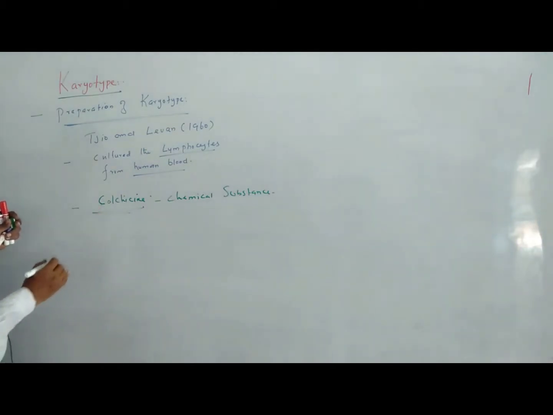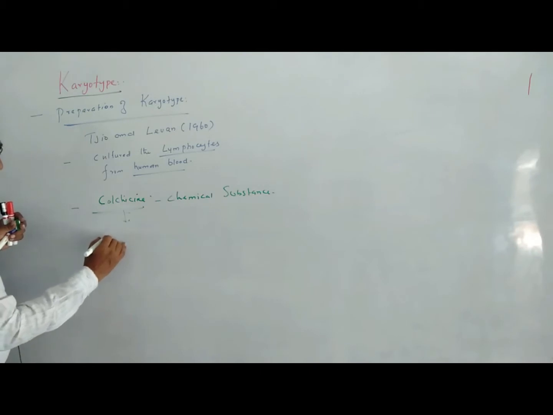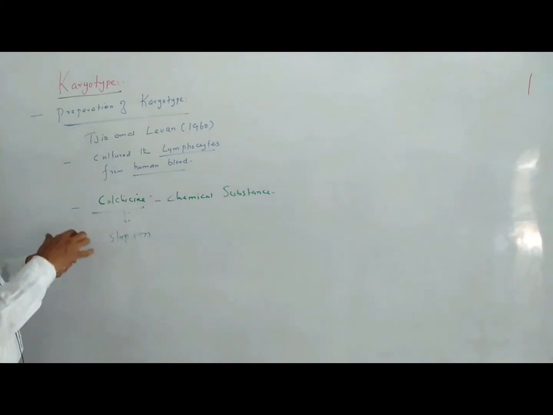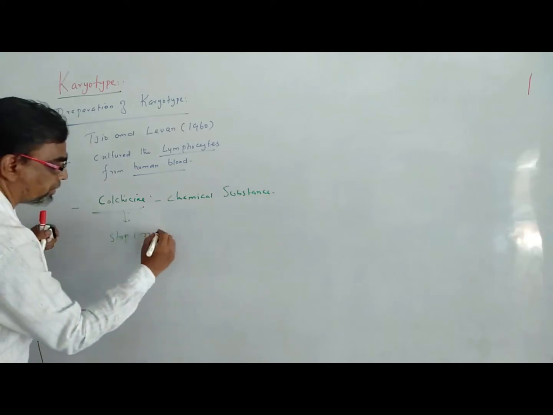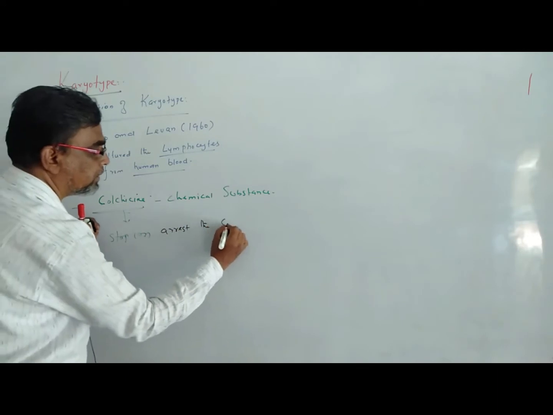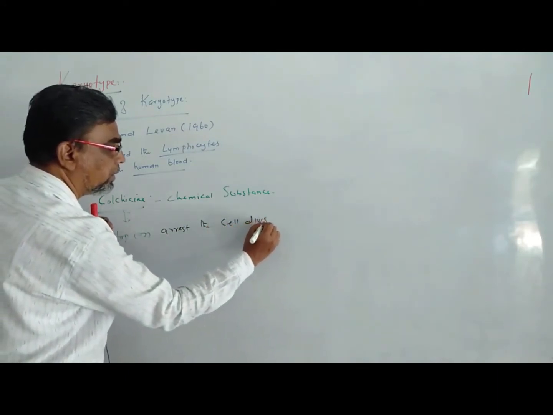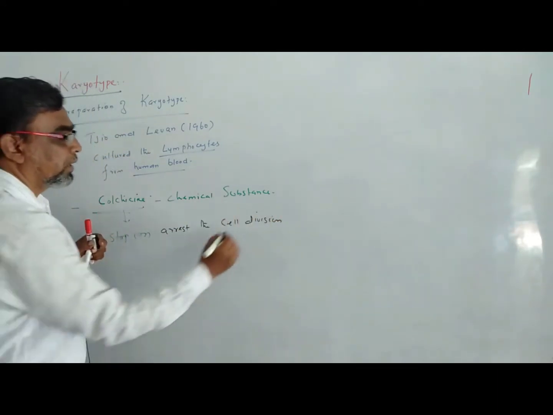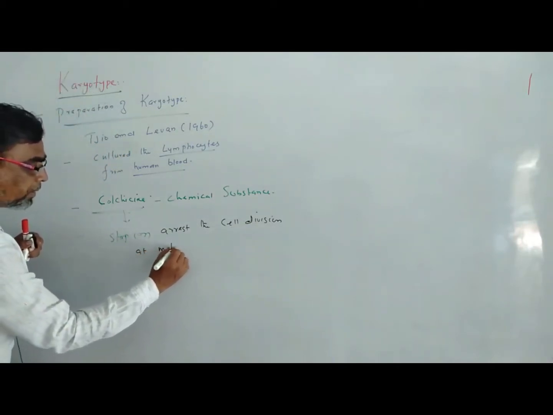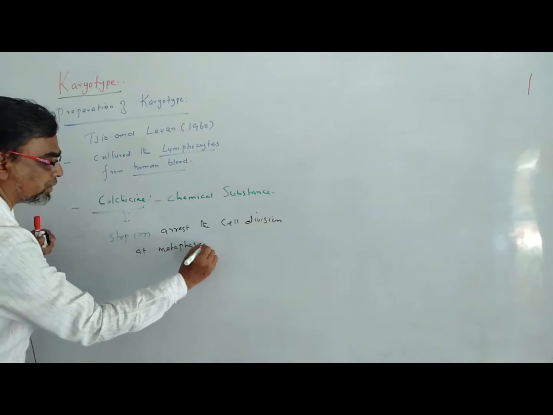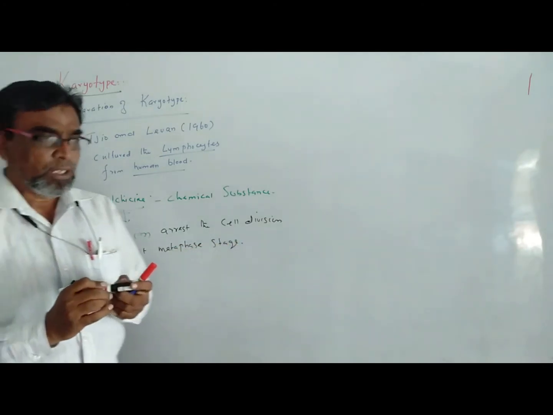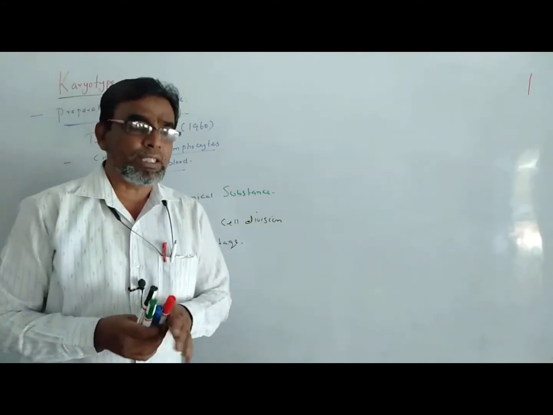Actually, colchicine stops or arrests the cell division at the metaphase stage. At the metaphase stage, the chromosomes are very clear.